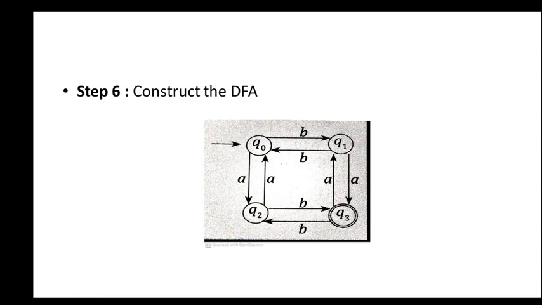Because AB is accepted if there are odd numbers of A's and B's. AAABBB is accepted. A, B, A, B, A, B is accepted. All the odd numbers of A's and B's will be accepted by this DFA.